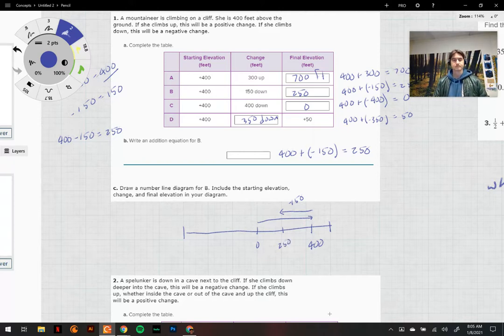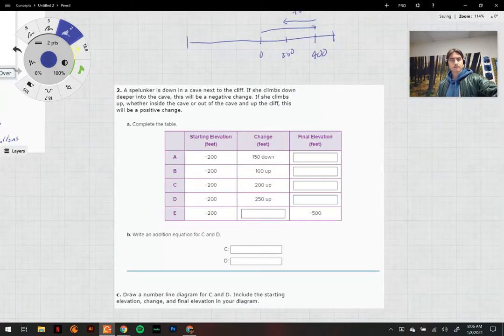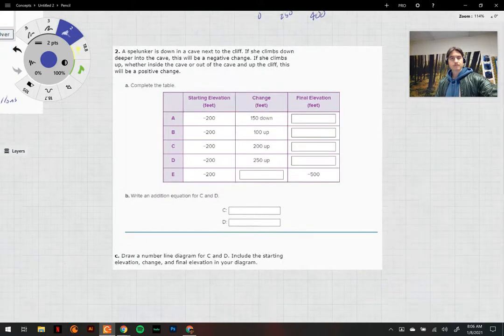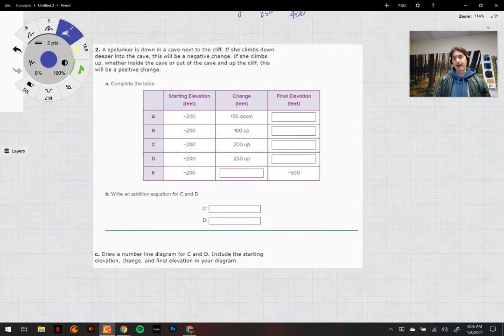Okay, let's look at another one. Number 2, a spelunker is down in a cave next to the cliff. If she climbs down deeper into the cave, this will be a negative change. If she climbs up, whether inside the cave or out of the cave and up the cliff, this will be a positive change. So now our starting elevation is negative. The same idea though, we're still adding signed numbers.